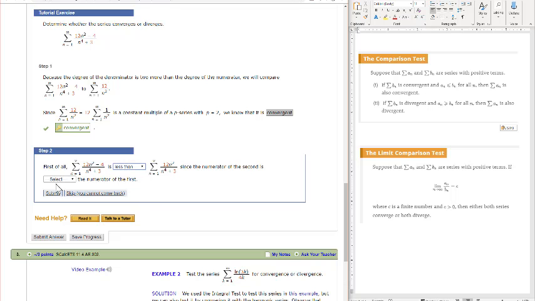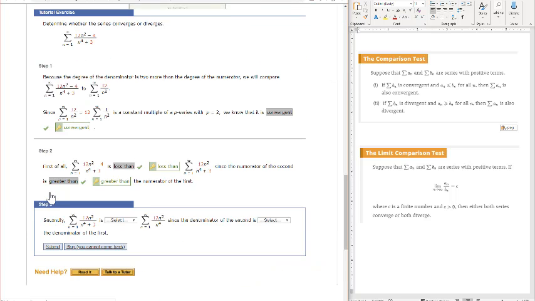Since the numerator of the second is greater than the numerator of the first, because here you're subtracting out. So there's some tricky language here, so you have to be really careful and meticulous about what they're asking for.